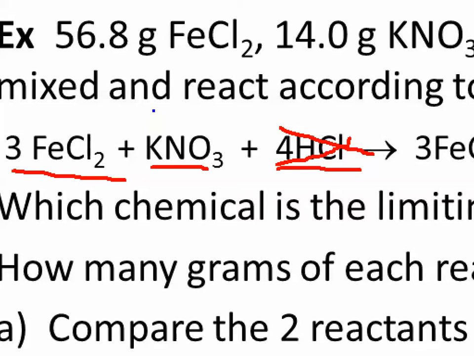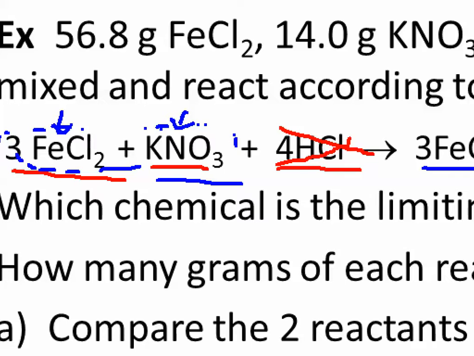So in this question we have a certain amount of this and a certain amount of this. Now how do we figure out which one is in excess? Well, what we could do is figure out how much product this one would make, and how much product this one would make, and we could compare them. But there's actually an easier way to do that.